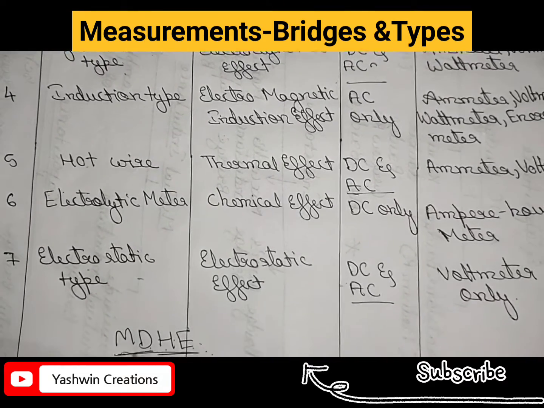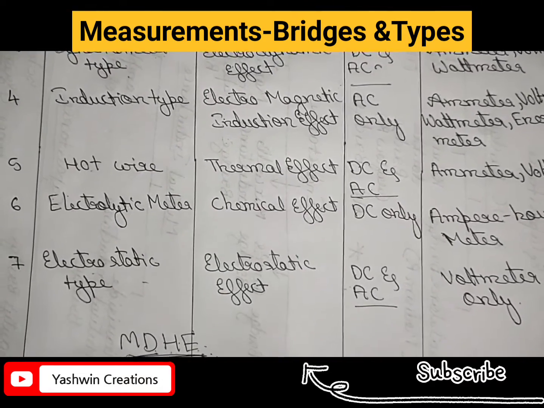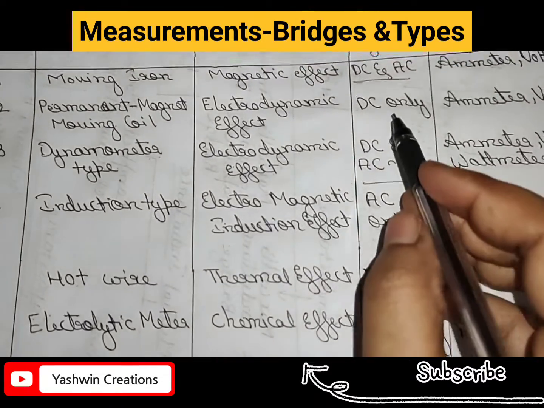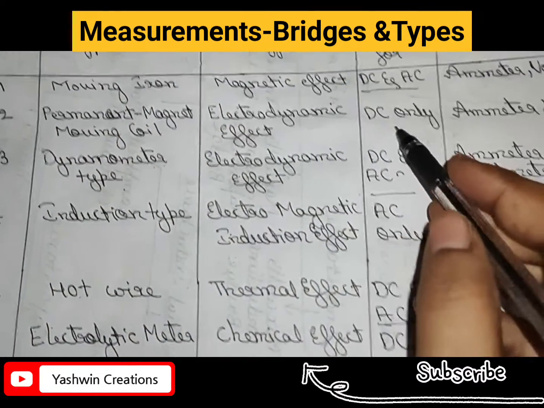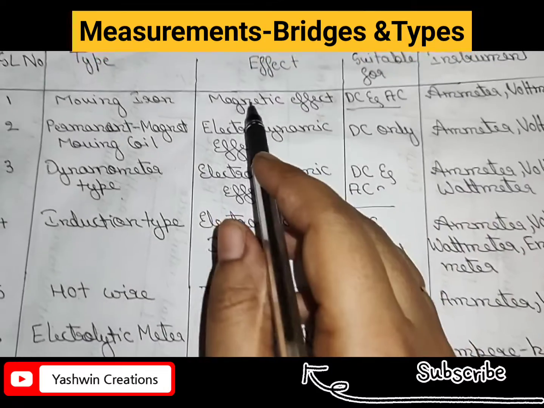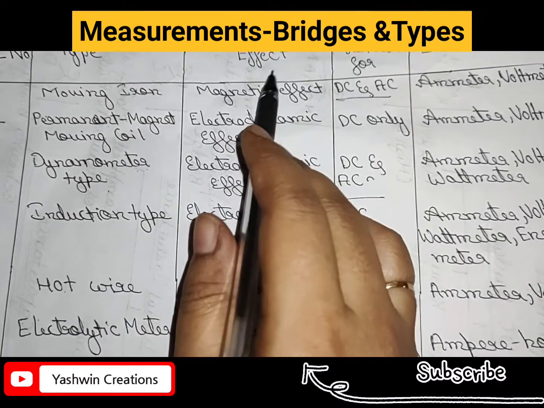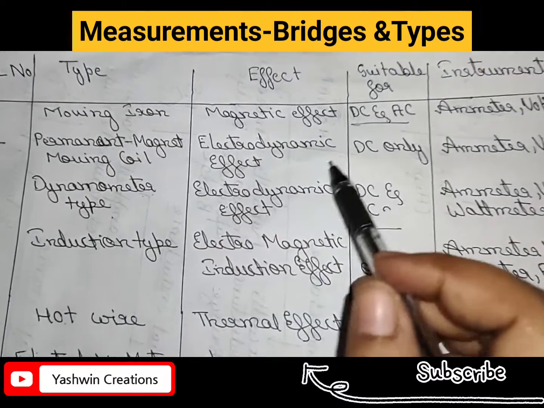So you remember it like this, MDHE. Next, only for DC. And you need to remember the effect also. They may ask the effect also.